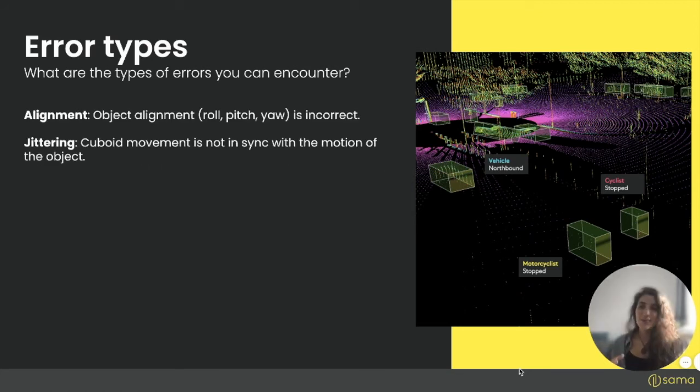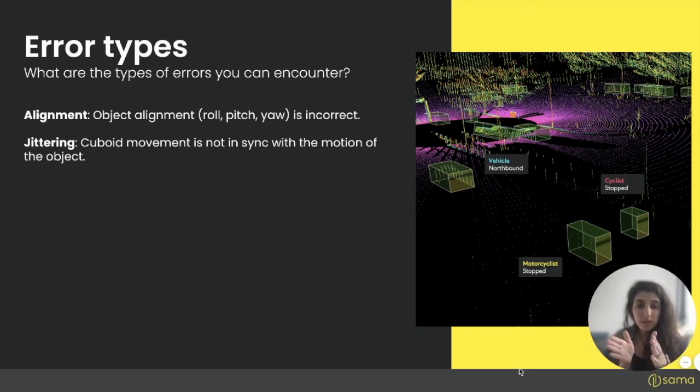Now, these other two errors are very interesting to me. So alignment is an error that we see, roll, pitch, or yaw needs to be correct. Let me give you an example: you have a car that is moving in front of the LiDAR, and that car is changing directions to the left or to the right.